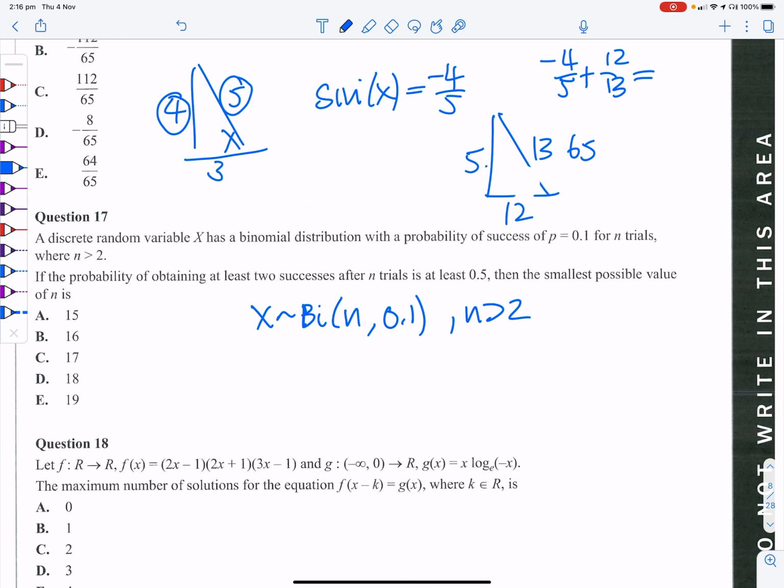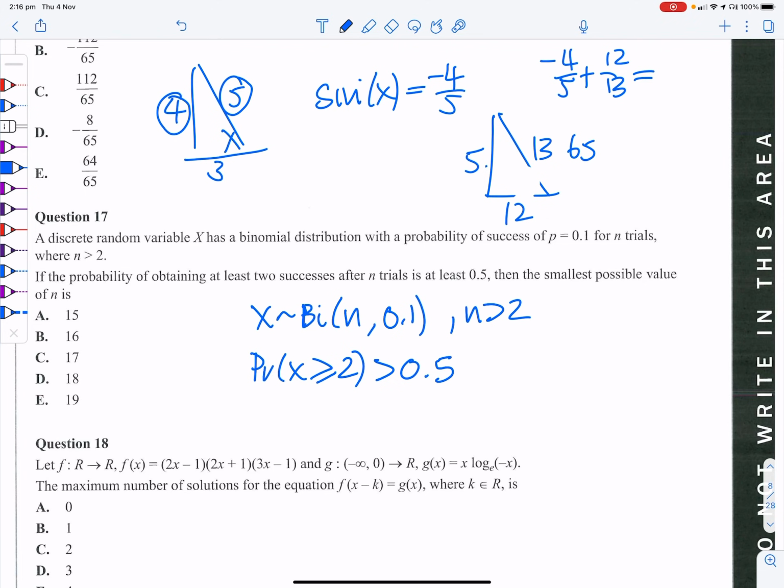The probability that X is greater than or equal to 2 is at least 0.5. The smallest possible value of n is.